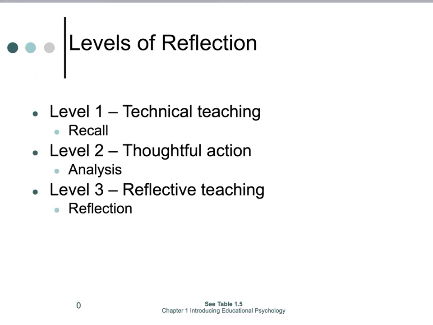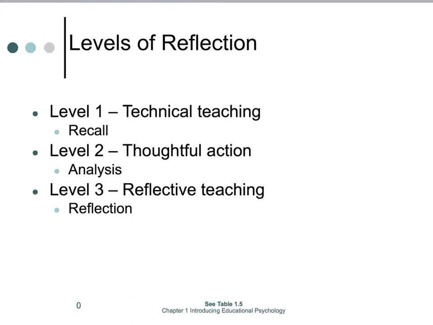In the first one, technical teaching, it's imitating teaching behavior that one has observed or how one was taught. So a teacher who enters a classroom and teaches the same way he or she was taught in school is really doing technical teaching, all right? If one is emulating somebody else, that is technical teaching, okay?